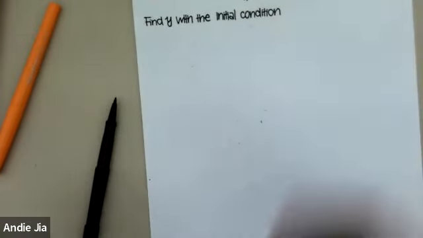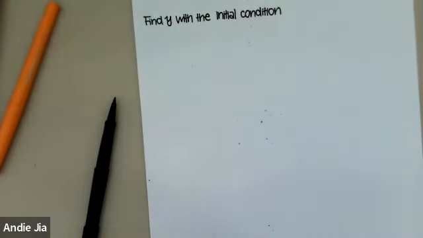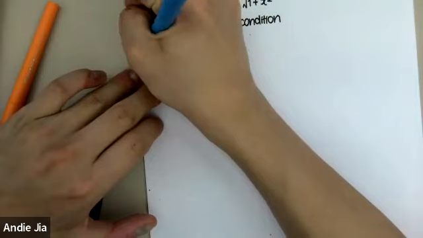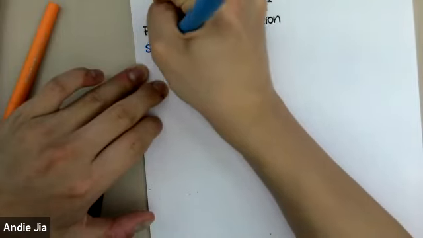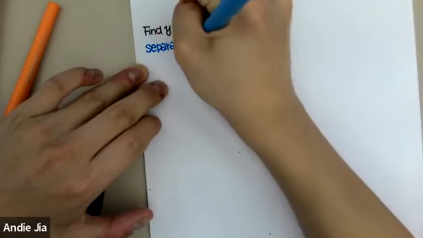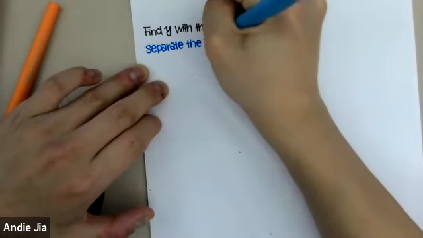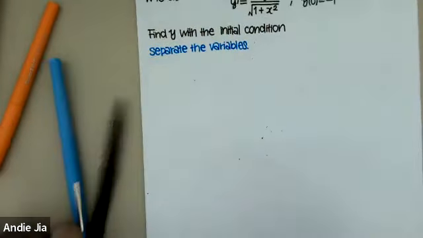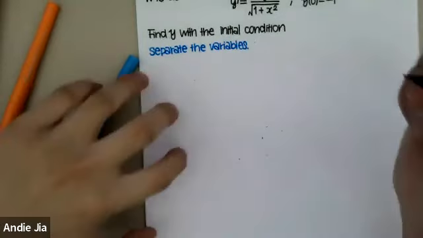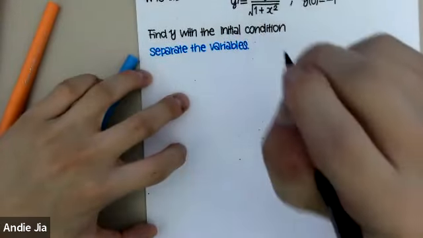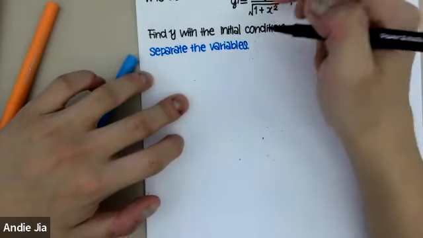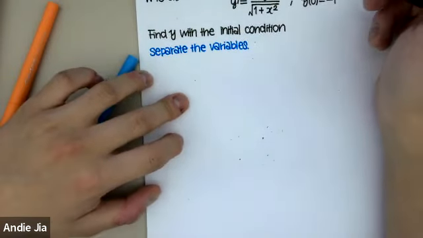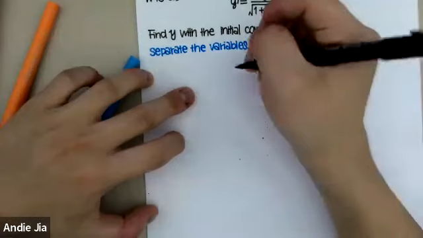It's a separable differential equation, so you just separate the variables first. What we could do in this case is write y prime as dy/dx, so the x term is on one side and the y term is on the other.